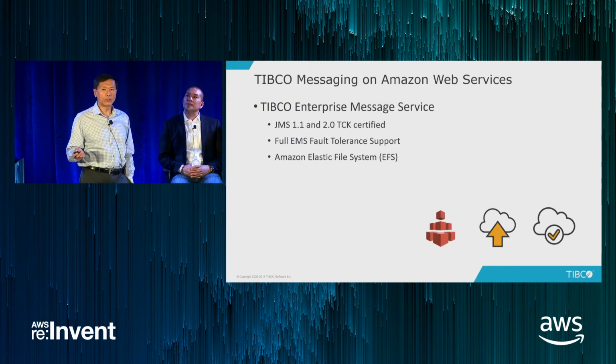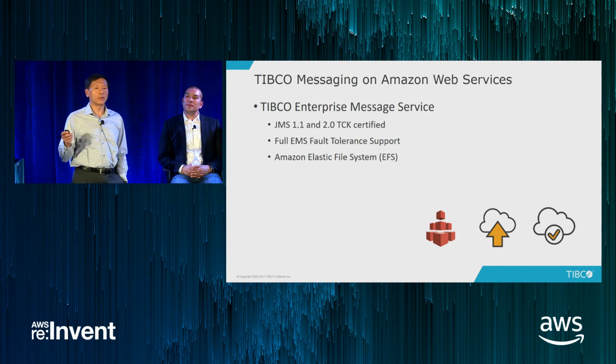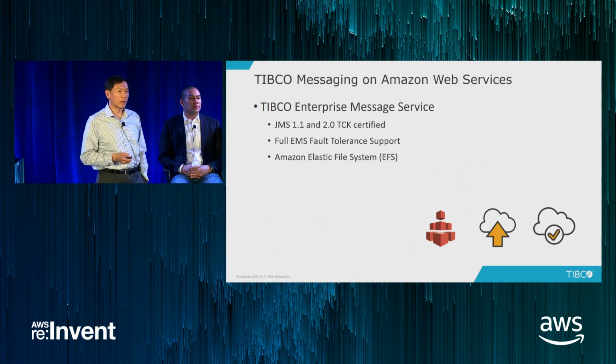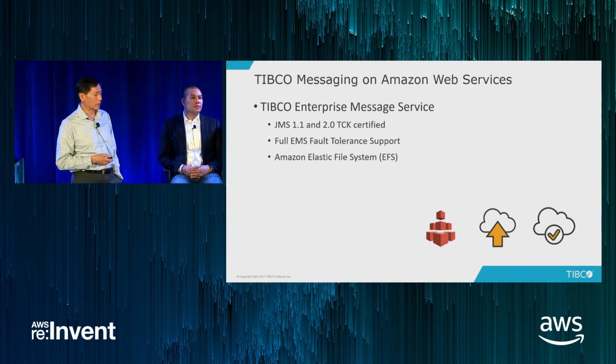Now, about 18 years ago, TIBCO, IBM, as well as other messaging middleware experts came together and contributed to a specification known as Java Message Service, or JMS. TIBCO Enterprise Message Service, or EMS, is a JMS implementation. Every release of EMS is TCK certified to ensure 100% JMS compatibility.